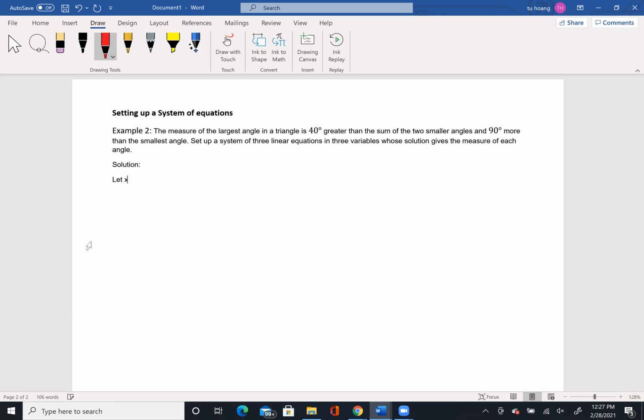I'm going to let x, y, and z be the measures of the three angles from largest to smallest.